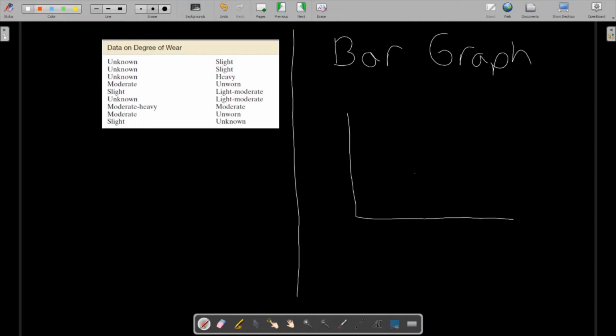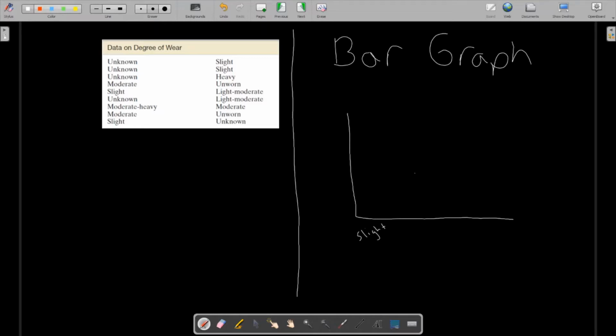And so we see we have a bunch of different responses to this, such as unknown, slight, moderate, and these can all be broken into categories, which we can then measure how many times we see that observation or that particular value using bars. And so, for instance, our first bar we might use as slight, as in slight wear.